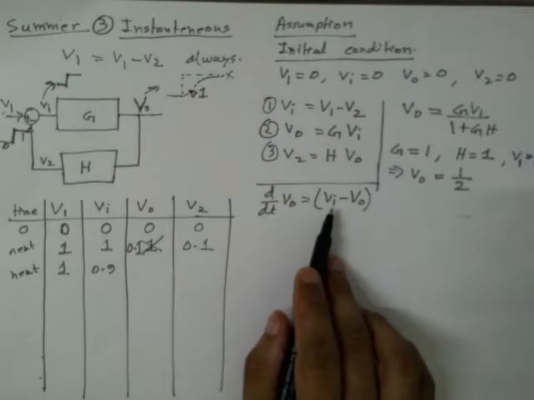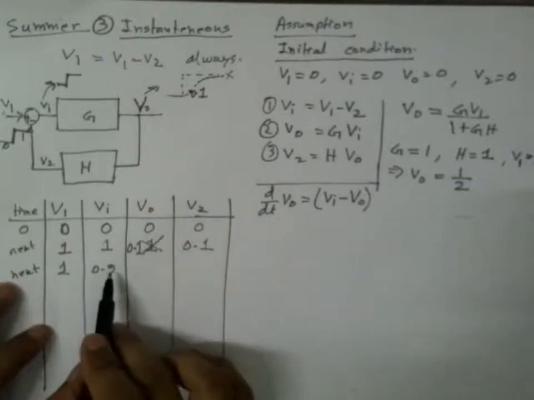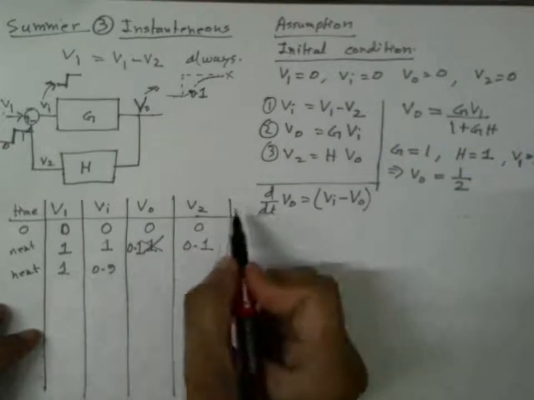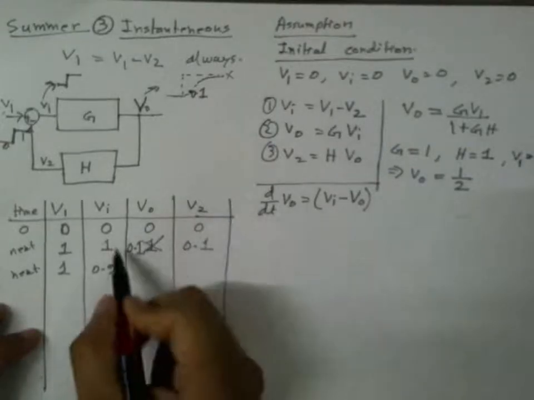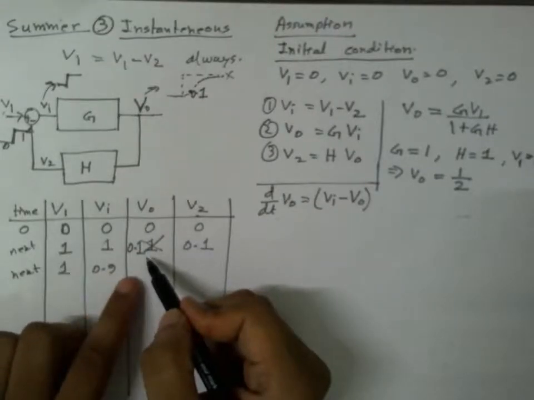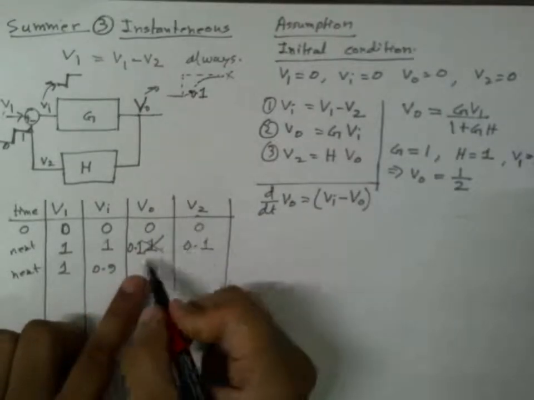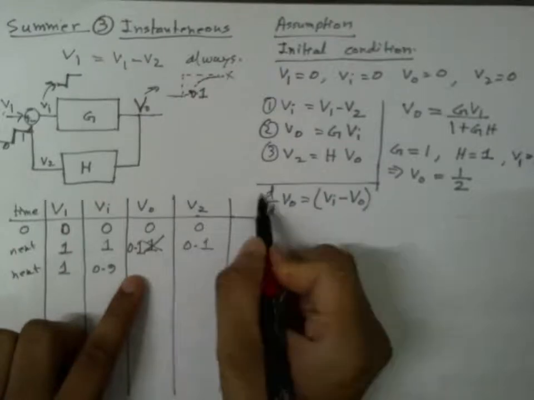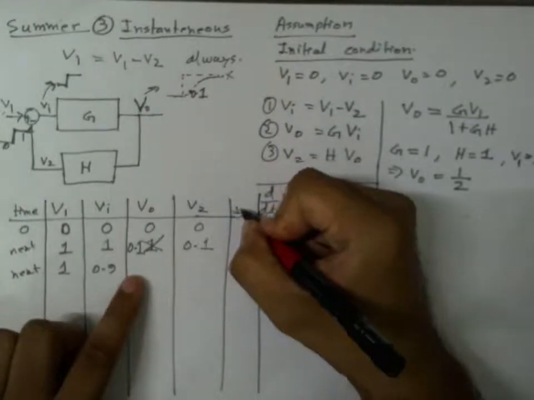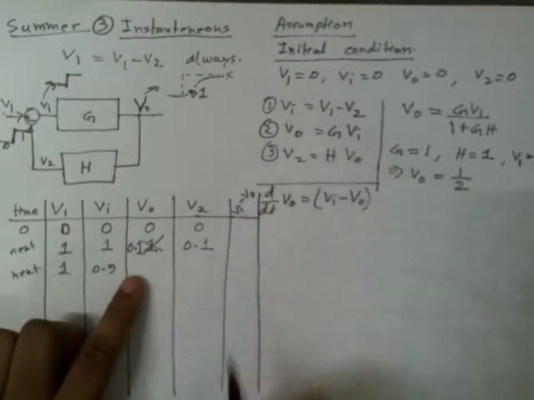Now Vi minus VO, what is that? Now this is 0.9, this is 0.1, so Vi minus VO will be, let me make one more column. Here I write Vi minus VO.